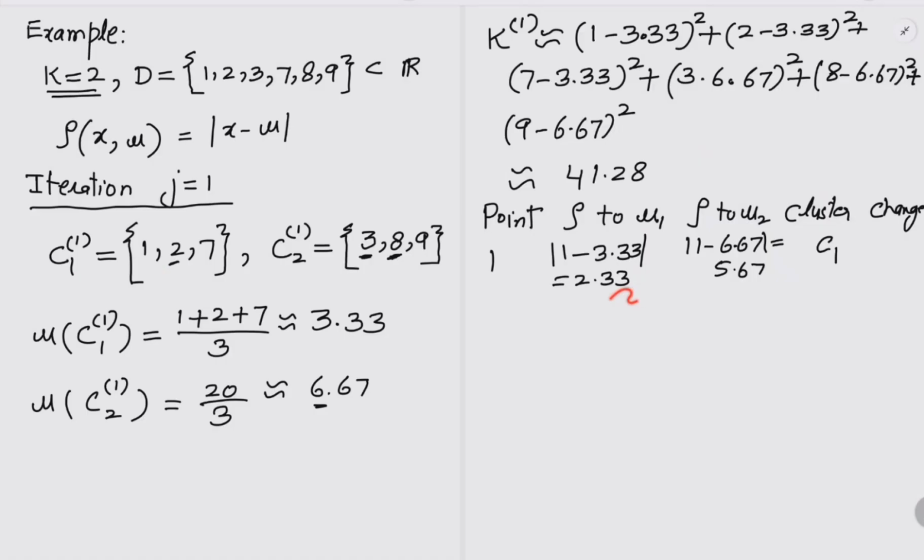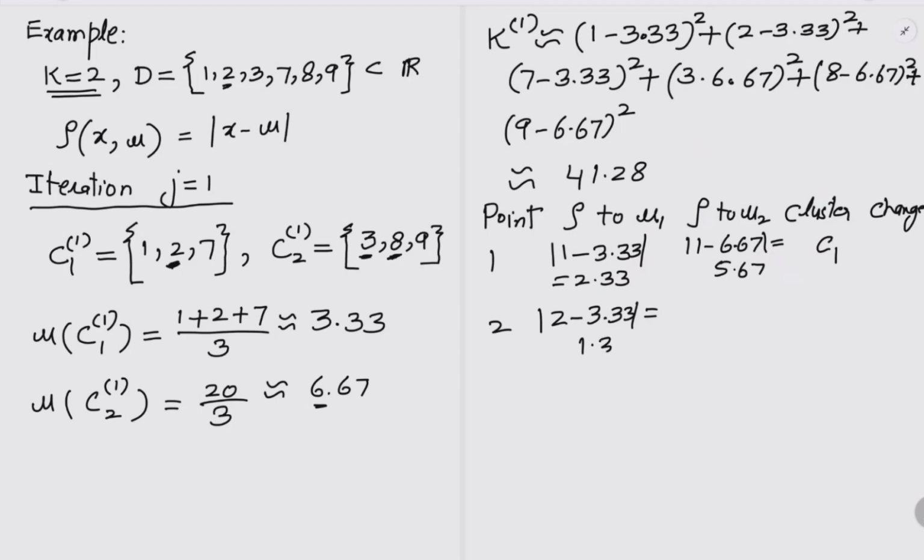It will change when the other cluster has a distance with a smaller value than this one. For point 2 we measure the same distance. So this is 2 minus 3.33, what is this distance?